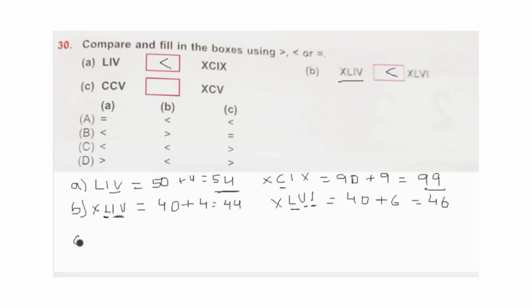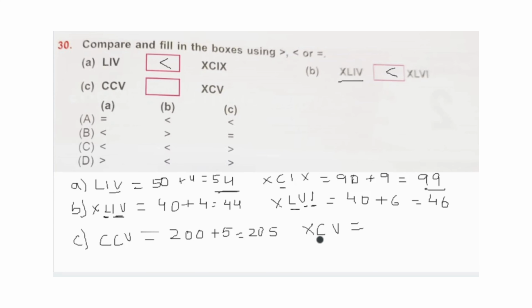Let's go to our final option. It says CCV. As you guys know, C is 100, and when you have written 100 two times, this becomes 200, plus V is 5, giving us 205. Now you have XCV, right?